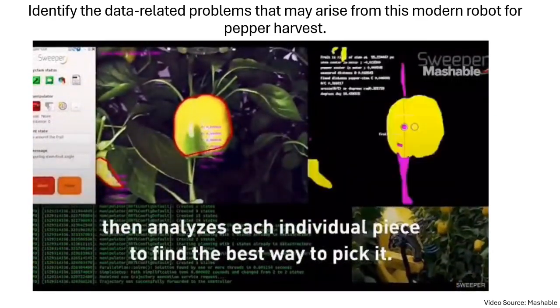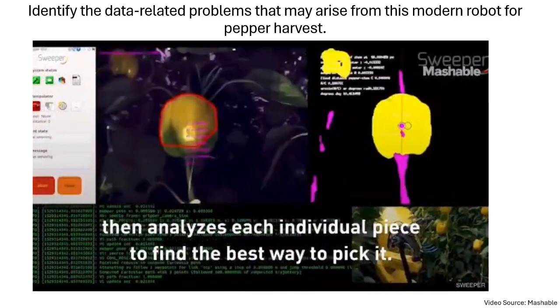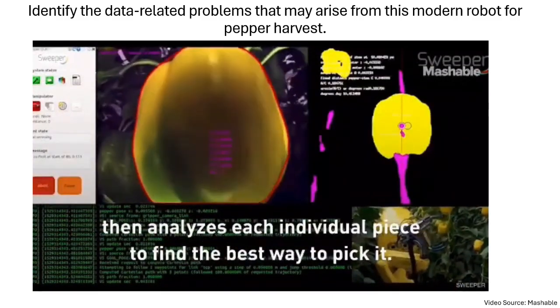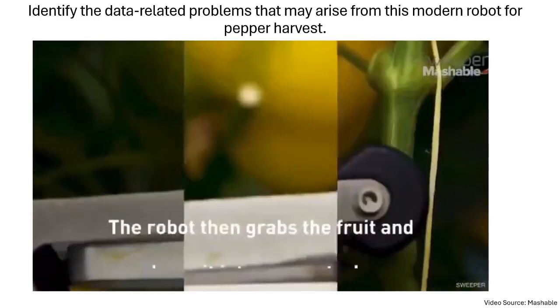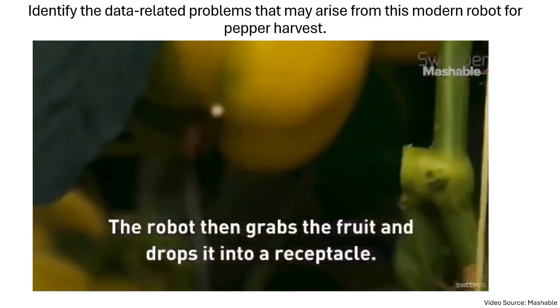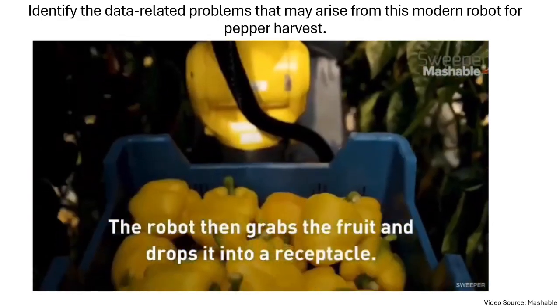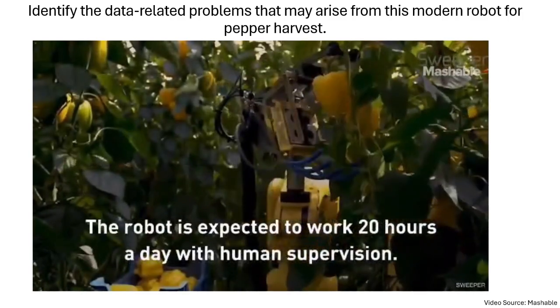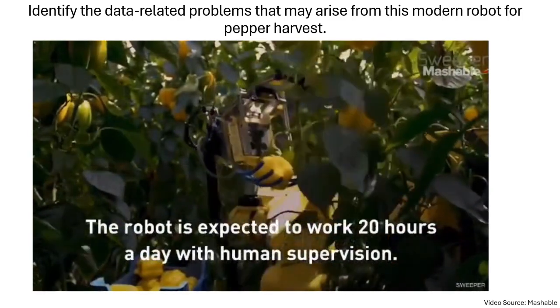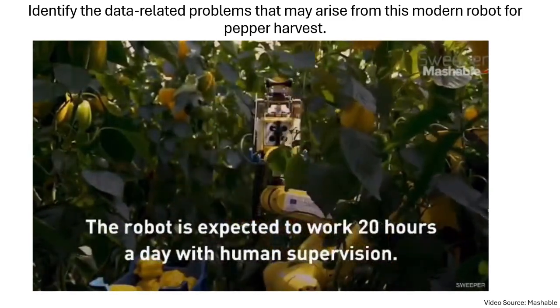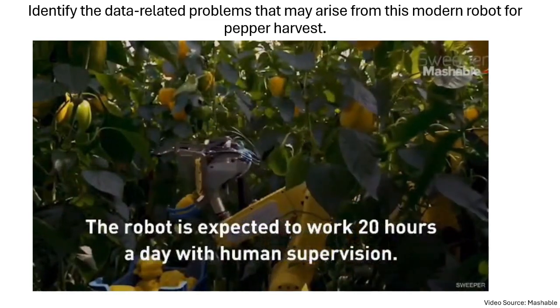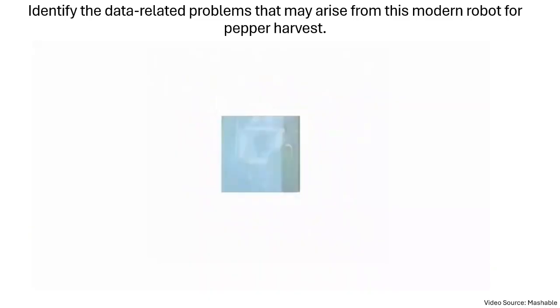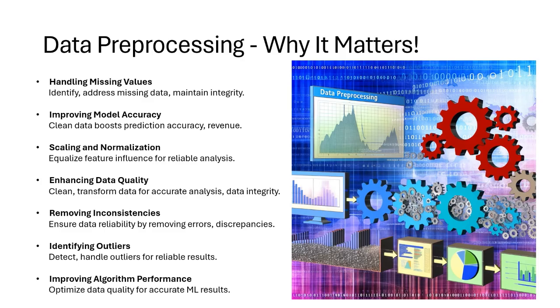So it is going to collect data about each individual plant and each and every pepper that is going to be picked by this device. Think of what kind of data related problems may arise. Enter them in the comment section so that we can see the different varieties of problems that can come from modern technologies like this, in your use case.